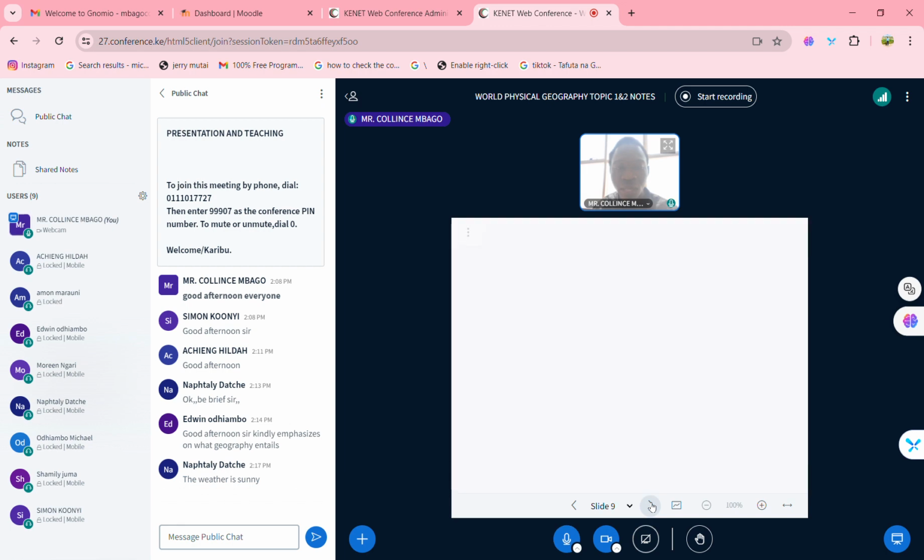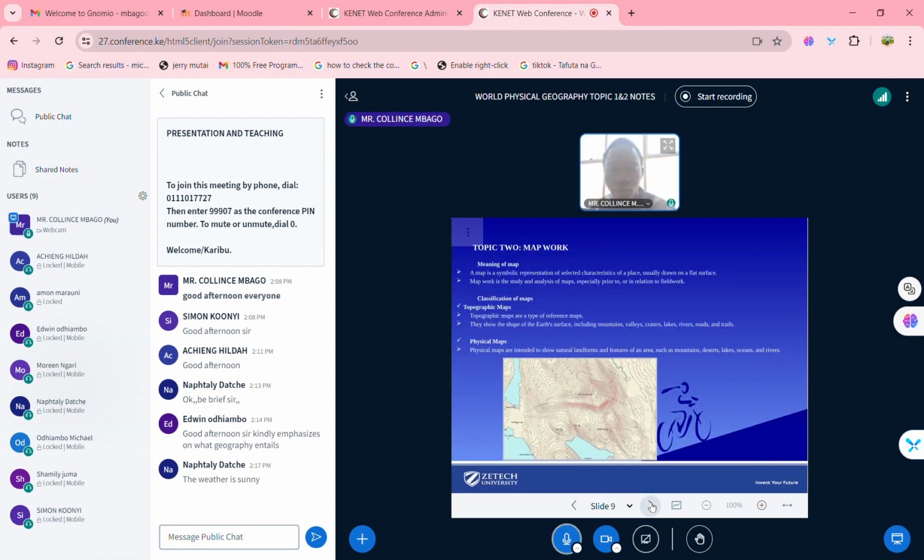Let's look at another topic, which is topic 2. In topic 2, we are going to look at map work. We are going to know what a map is, what map work is, and how maps are classified. To begin, what is a map?